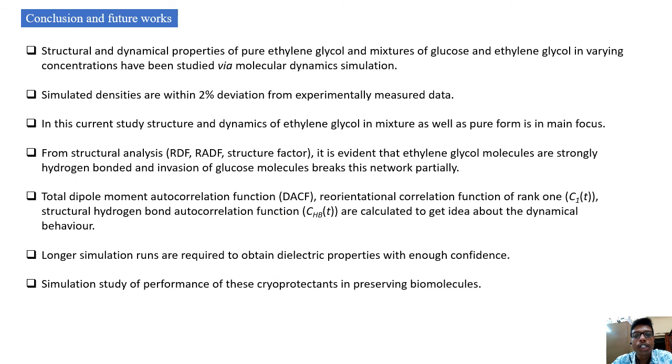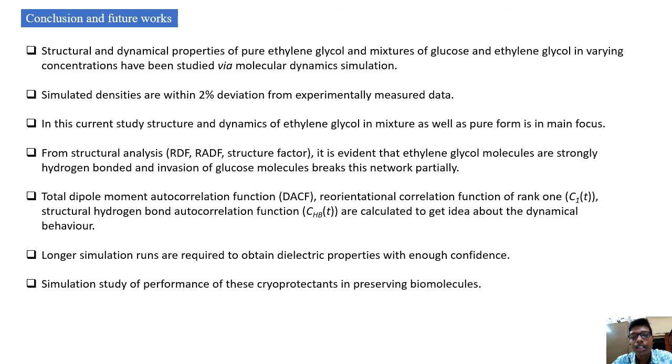So as a conclusion, what we have done so far, we wanted to study the interaction, both structural and dynamical, between ethylene glycol and a mixture of ethylene glycol and glucose molecules. Our structural study reveals the propensity of forming hydrogen bonds for both glucose and ethylene glycol is very high, and both ethylene glycol and glucose prefer glucose as their hydrogen bonding partner.